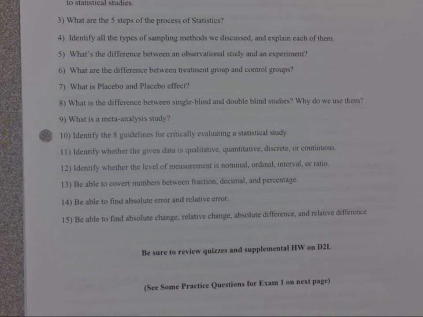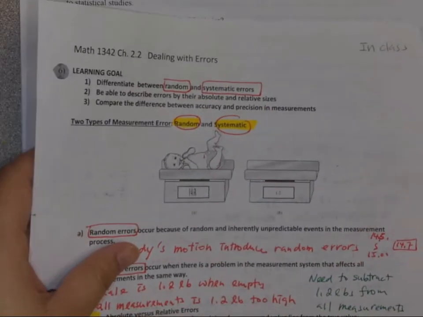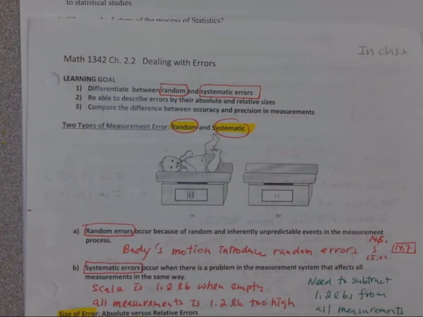2.2. We talk about random and systematic error. How are they different? Systematic and random error. How are they different? Yeah, random is totally random and unpredictable, right?